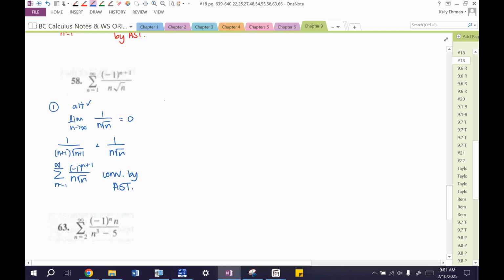Now that I know it converges, I want to look at the non-alternating series. So I want to look at the series of 1 over n radical n, which is the same as n to the, if I add those exponents, 3 halves, right? 1 plus 1 half. This is a convergent p-series because p is greater than 1.